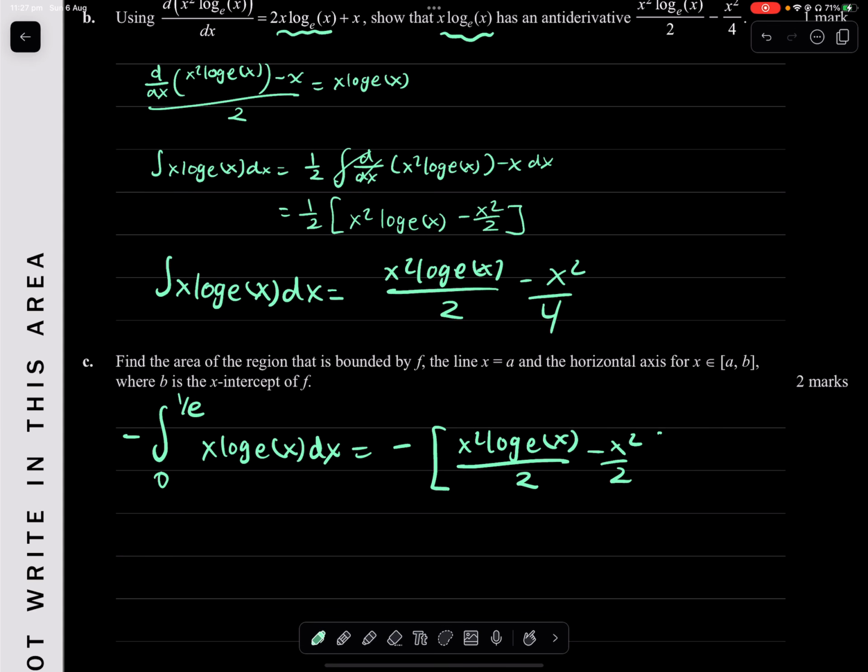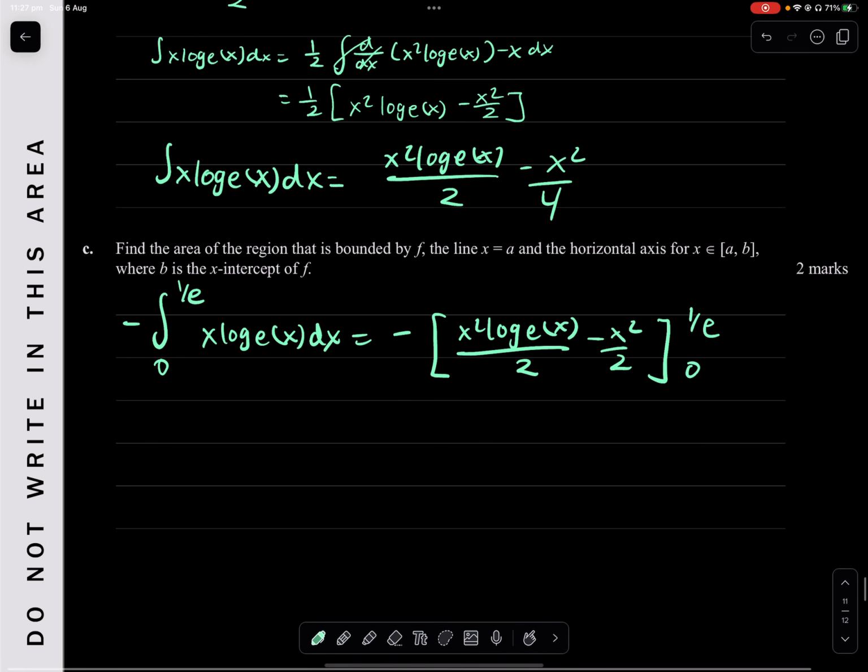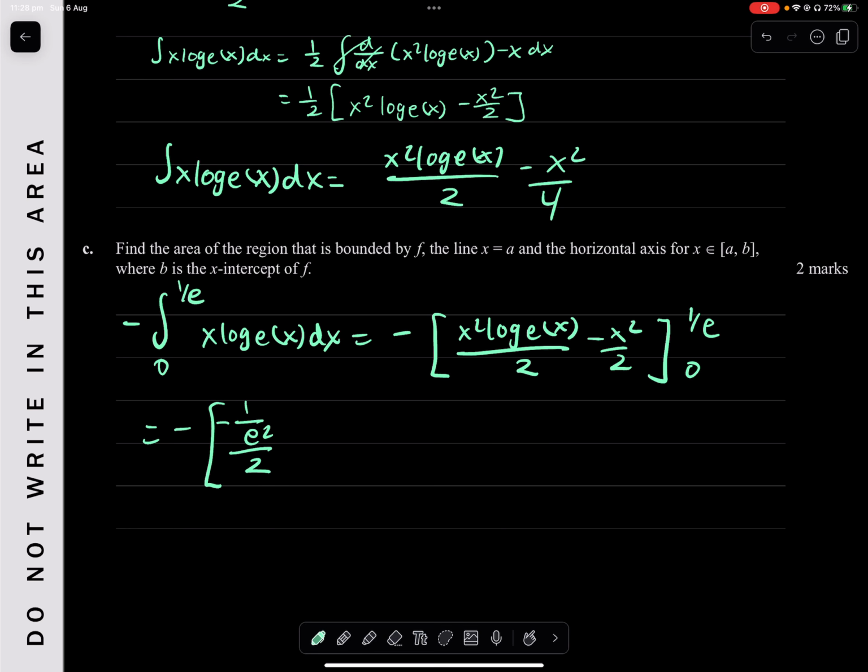Minus x squared over 2, evaluated from 0 to 1 over e. Simplifying this, we get 1 over e squared, and we'll put a negative here because of that log e, all over 2, minus 1 over e squared divided by 2, so half, minus 1 over 2e squared. All minus 0.